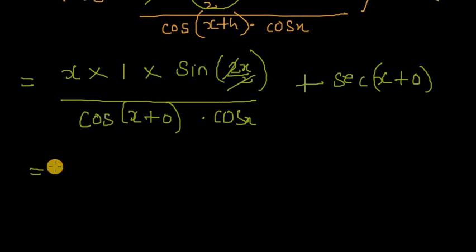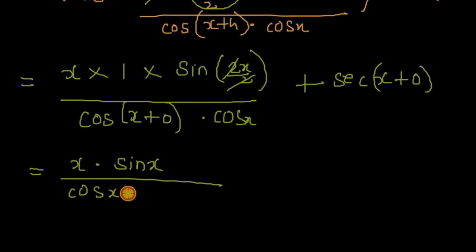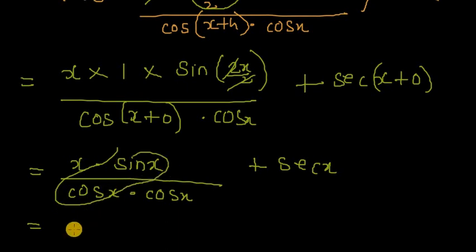So this is x into sin x upon cos x into cos x plus sec x. And if you know basic trigonometry, what is sin x upon cos x?